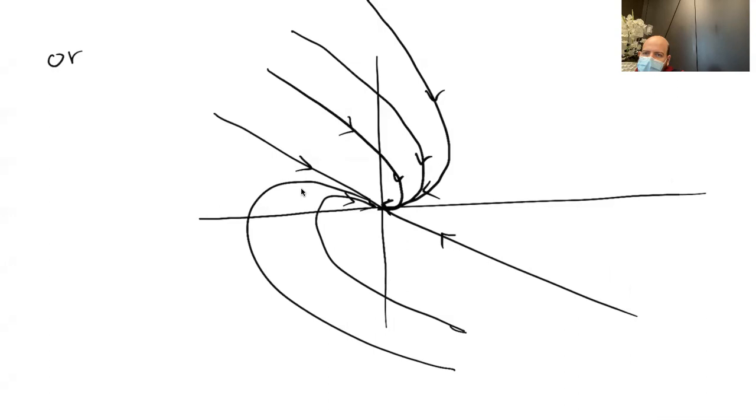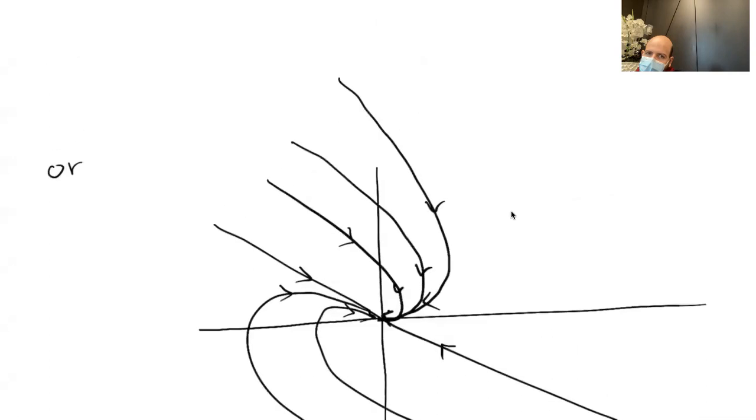If the initial condition lies on the direction of the eigenvector, we saw before that we will stay on the same line. But if the initial condition x of 0 starts from anywhere else, we won't stay on a straight line. We will be on a curve. And right now we have only one linearly independent eigenvector, so only one direction.